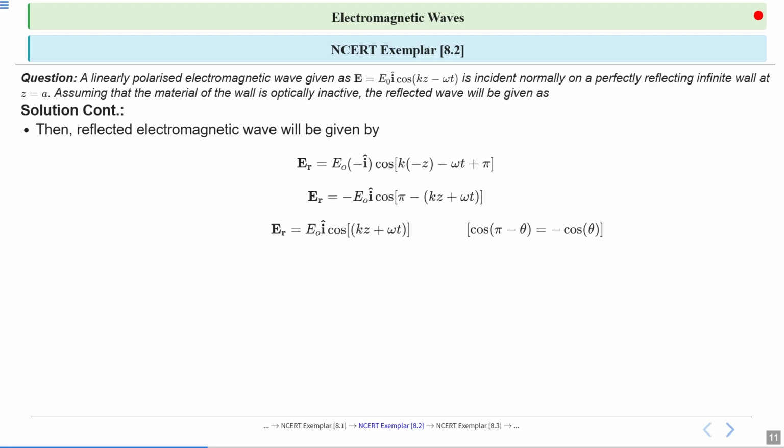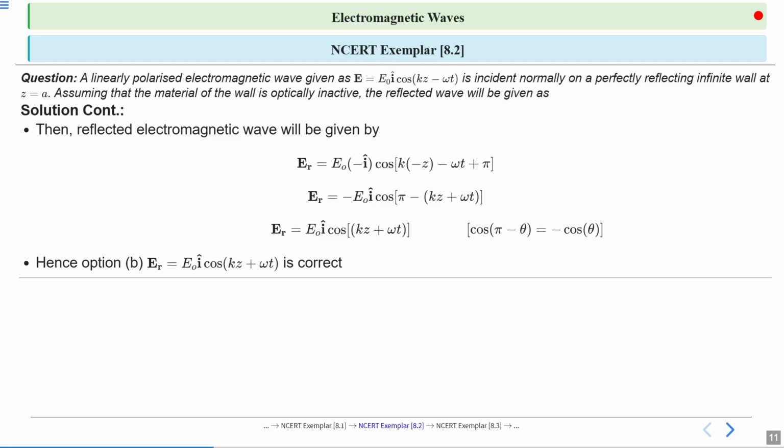There is already a minus sign outside, so it becomes minus negative, which is positive. So E_R will become E0 i cap cos(kz plus omega t). Hence option B, E_R equals E0 i cap cos(kz plus omega t), is the correct option.